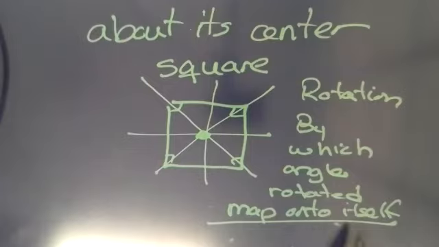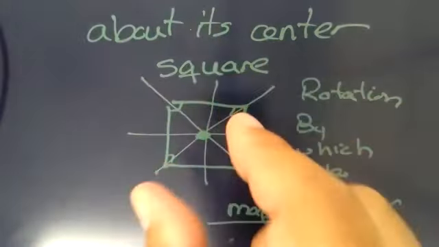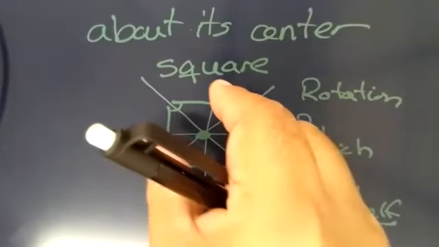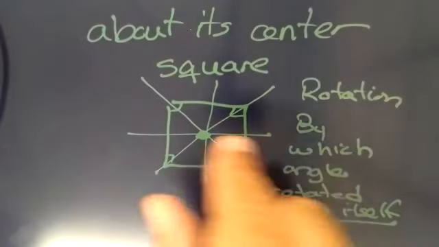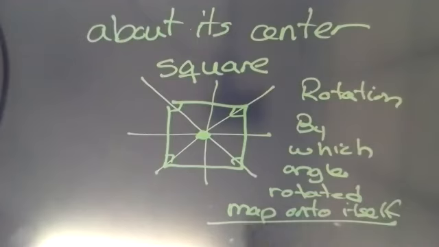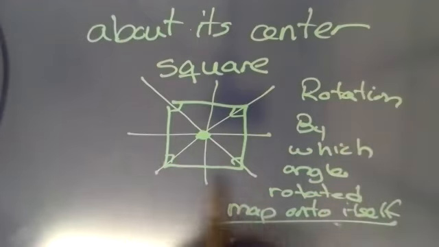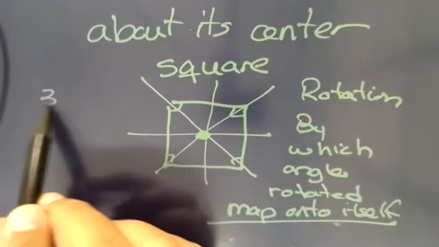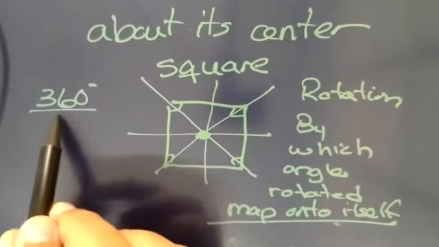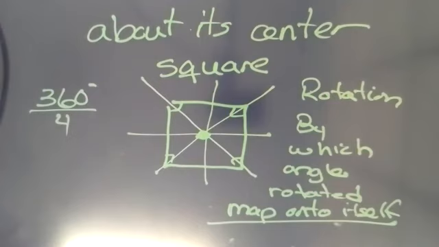Okay, when it maps onto itself, that is when the figure is rotated and goes back to the original position. In order to find this out, we need to know how many lines of symmetry it has. We talked about it having 4 lines of symmetry, so I take 360 degrees divided by 4.